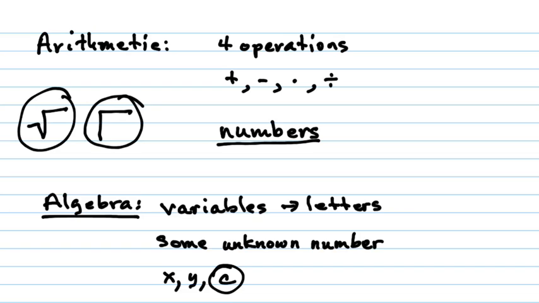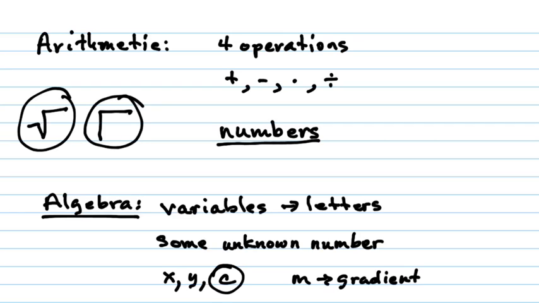All right? Now, in the last section, hopefully, we talked a little bit about M. Do you remember M is used to represent the gradient or slope of a line, right? So sometimes some letters are reserved for special uses. That doesn't mean you can't use them for other uses.